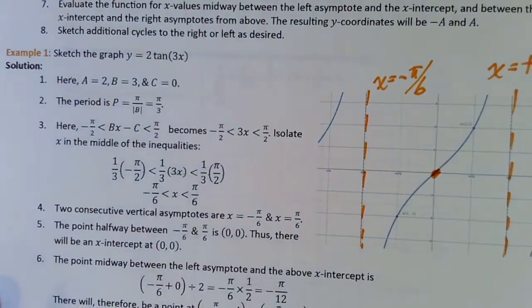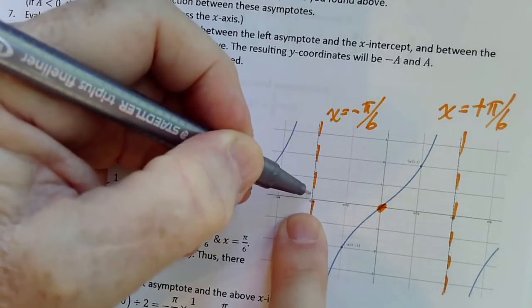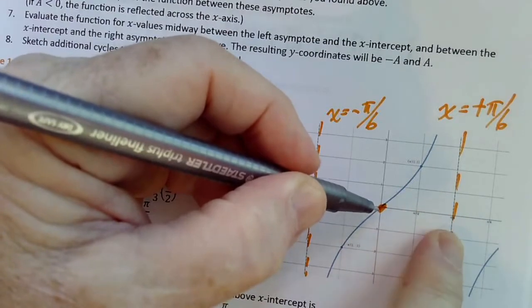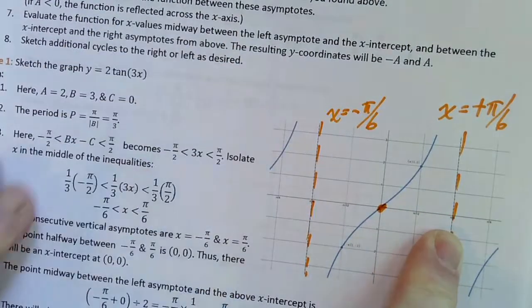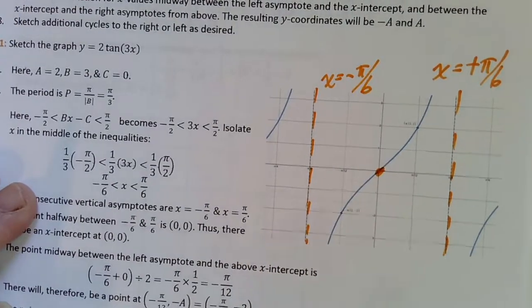Now the important thing is to find the midway points between the left vertical asymptote and the intercept and the right vertical asymptote. To do that, we're going to add the x's and divide by 2.